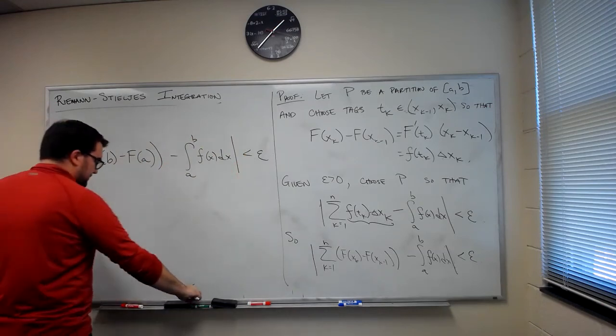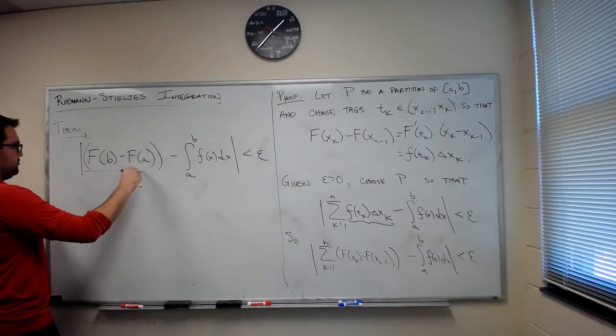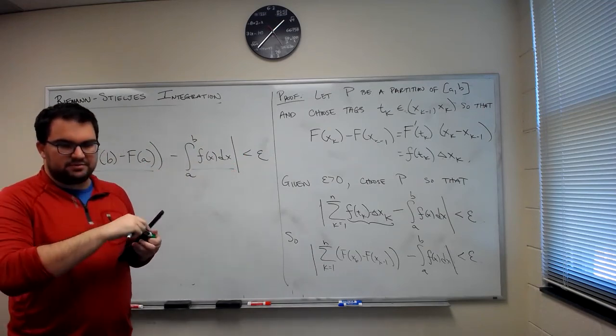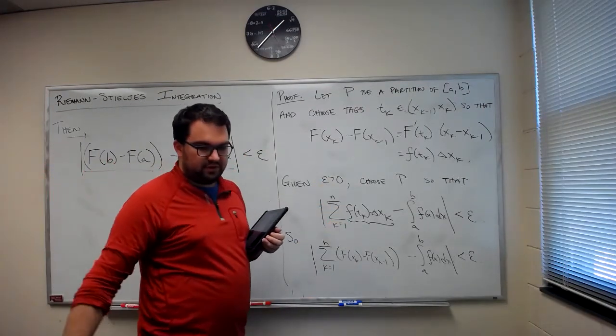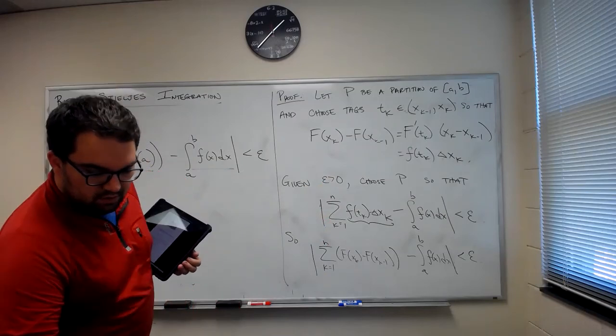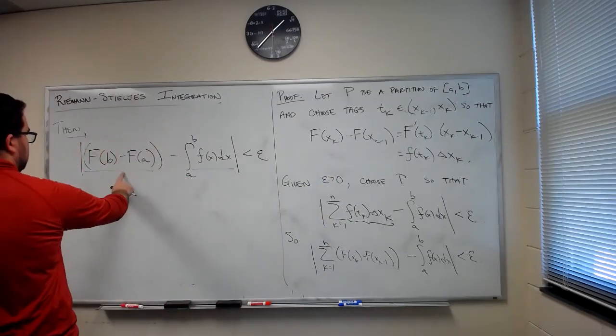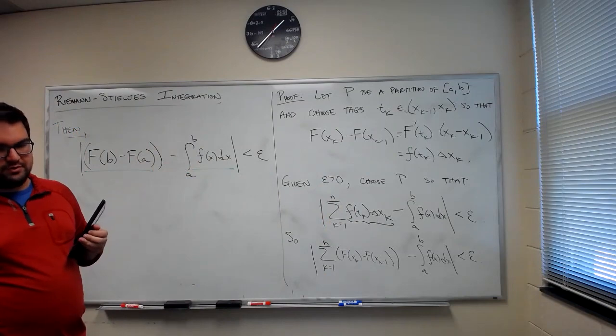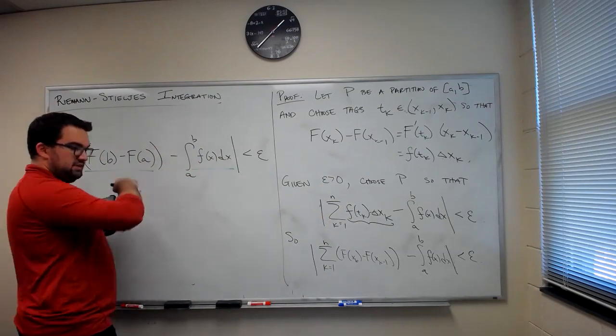But now what is it saying? It's saying that the difference between these two quantities that I've underlined in green can be made less than epsilon for any epsilon. So given any epsilon greater than 0, I can make these two quantities closer than epsilon. Well, the only way that's true is if this whole thing is equal to 0.